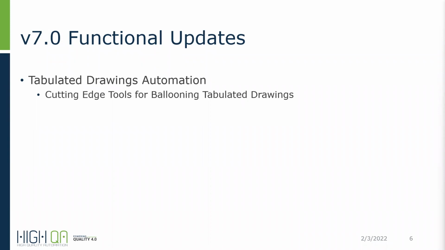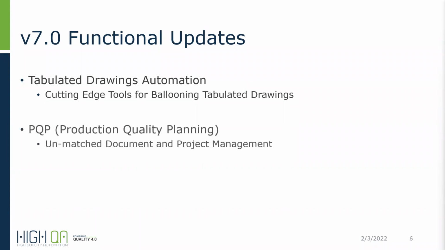This came up a lot with medical companies, aerospace companies and such, where you'll have a tabulated drawing with a table for a whole bunch of different part number instances, and creating all the unique inspection plans for that is quite cumbersome. So we've created some really cool tools that we'll show in the demo today for how to automatically build those out.